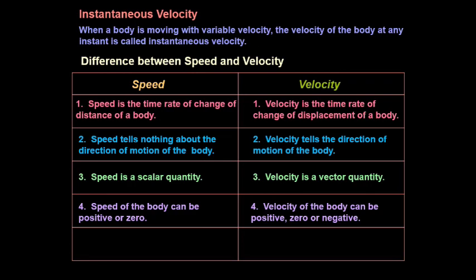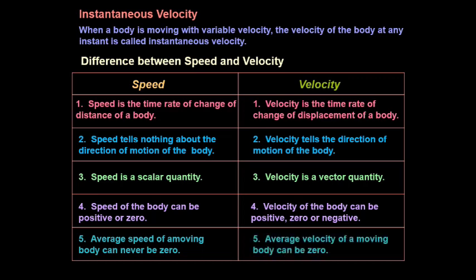Velocity of the body can be positive, 0 or negative. Negative also, no? So average speed of a moving body can never be 0, but average velocity of a moving body can be 0. Can you guess the example? Yes, that is the rotational circular path I told you, the POC.